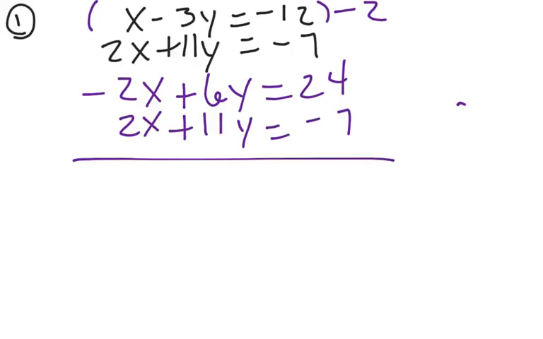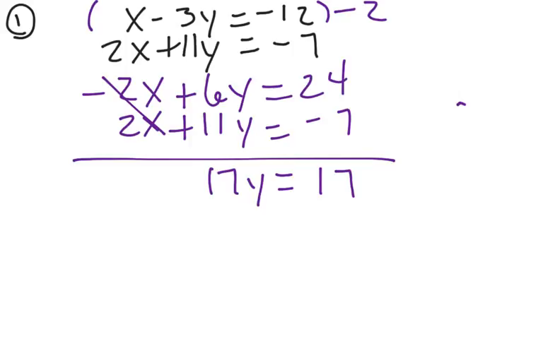You're going to draw a line and you're going to combine. You're going to use the sign that's actually there. So -2 plus 2 cancels, which is what I want it to do. 6y plus 11y is going to be 17y equals 24 minus 7 is 17. You just use whatever sign happens to be there when you're combining.